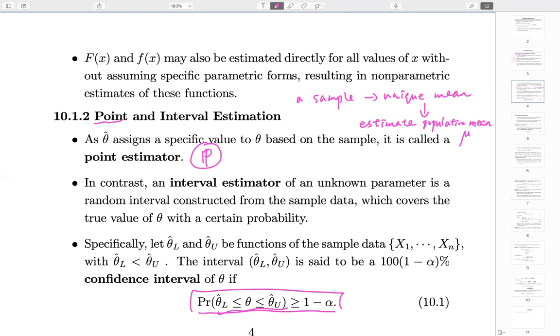Let's say the average age must be between 0 and 100. Of course, that's an interval that includes the true mean, right? I think everybody agrees the average student's age at UConn will be between 0 and 100, but such a wide interval has no information, right? What do you get from this interval?